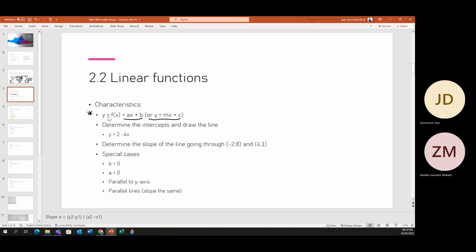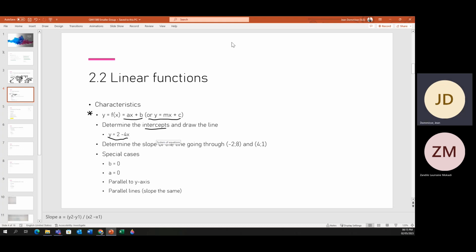So in your study guide, they talk about the linear function, very similar to what we've now done on the previous slide. But let's look at this linear function, and first let's determine what the intercepts are and then draw the line.